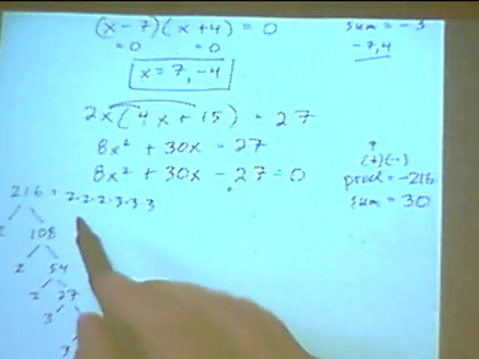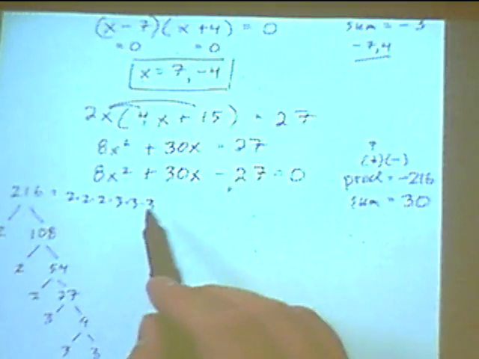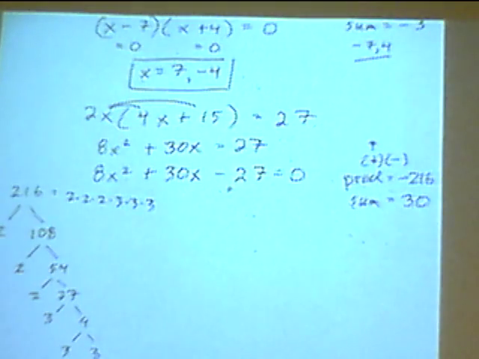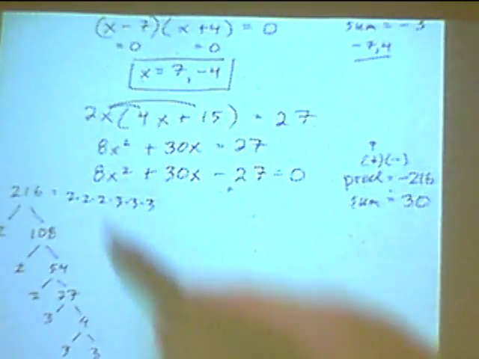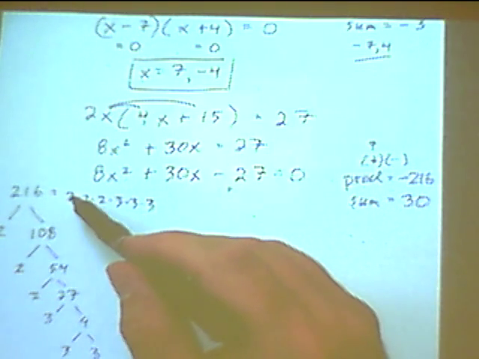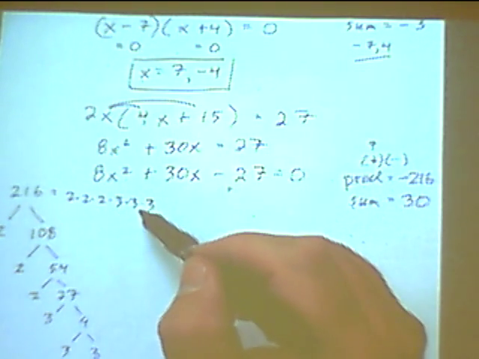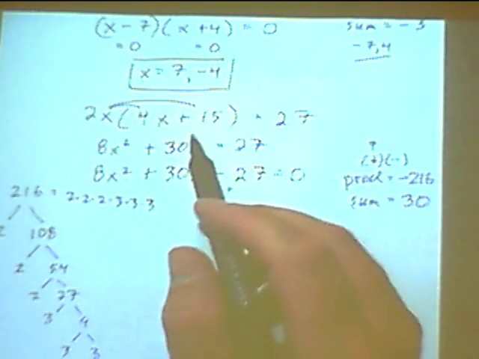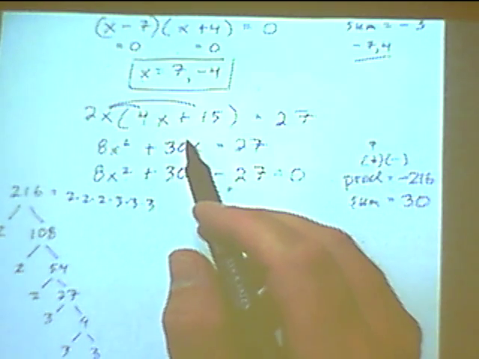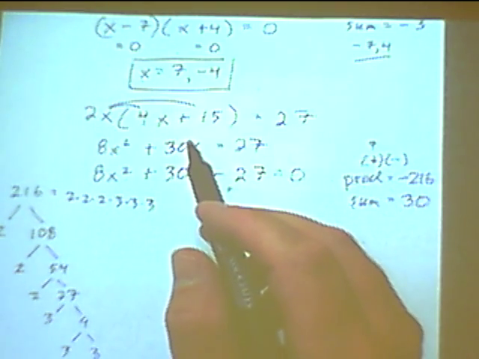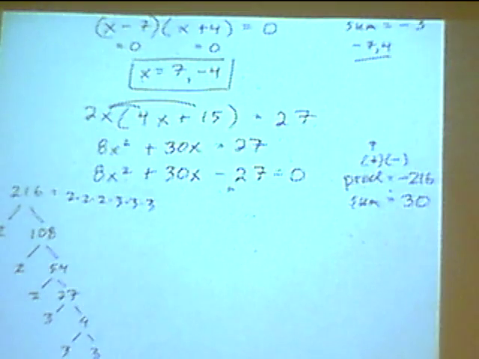If you multiply those 6 numbers out, it should equal 216. Now here's what I'm going to do. I've got 6 numbers here. I'm going to break them up into 2 groups and then multiply those together and see if they would happen to work for my product and sum. Let me show you what I'm talking about.